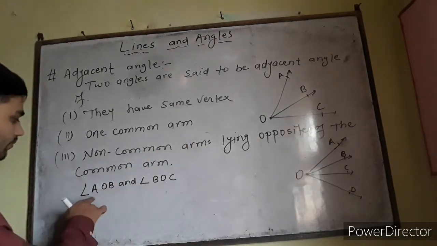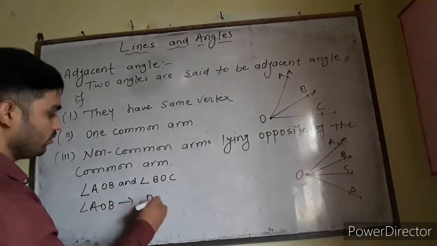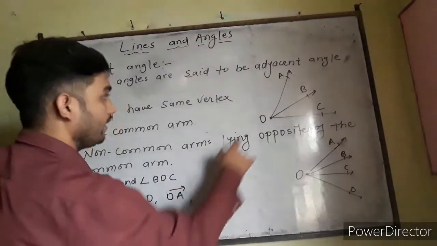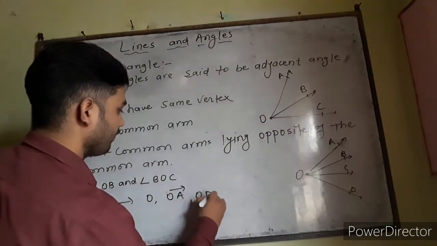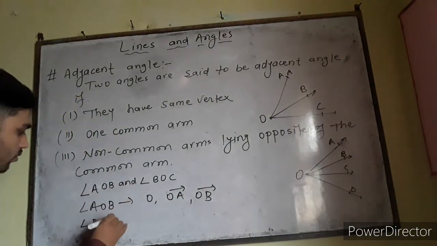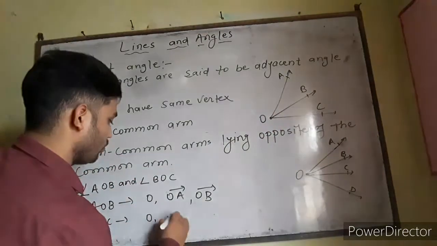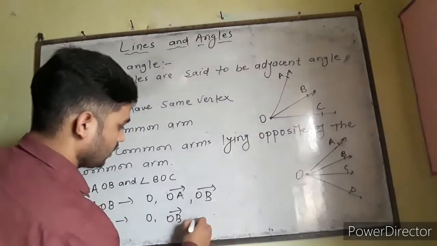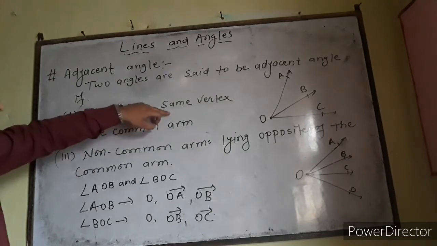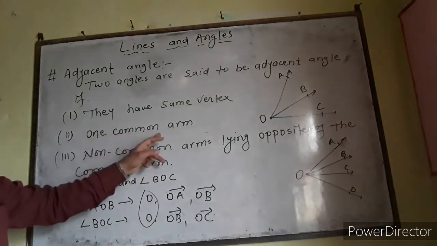So let's see, if we take AOB, the vertex is O and the arms are OA and OB. We will see angle BOC. The vertex is O, the arms are OB and OC. So let's see, first, they have the same vertex. Yes, they have the same vertex O. One common arm.